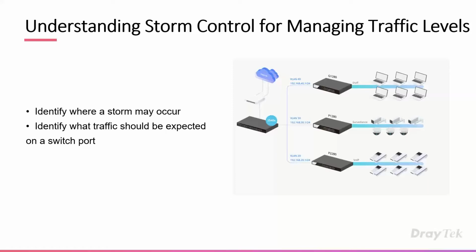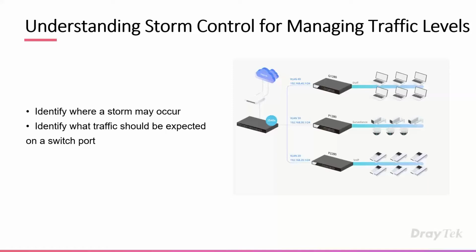In that moment, the LAN is suddenly flooded with packets, creating unnecessary traffic that leads to poor network performance or even a complete loss of network services. What storm control does is enable the switch to monitor traffic levels and drop broadcast, multicast, or unknown unicast packets when a specific traffic level is reached, thus preventing packets from degrading the LAN.